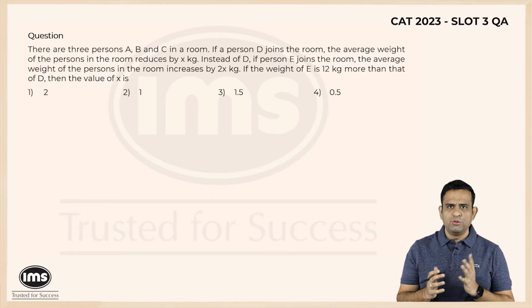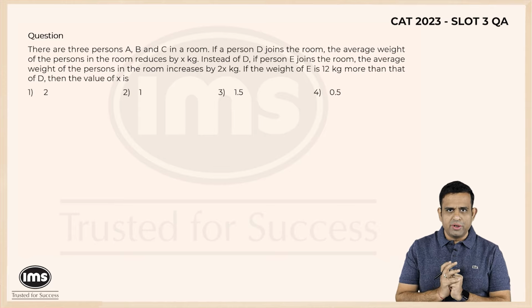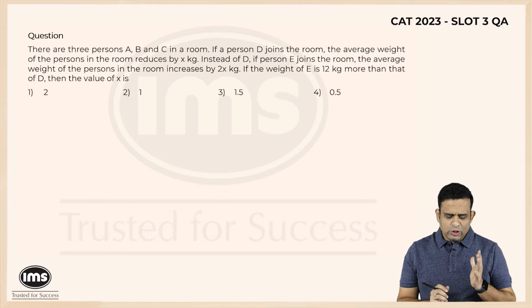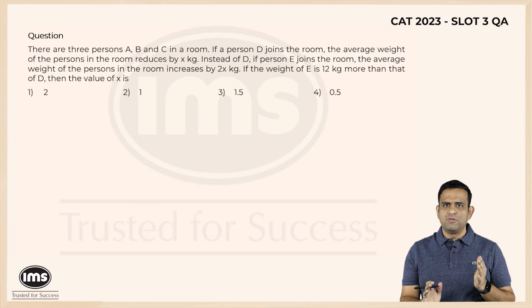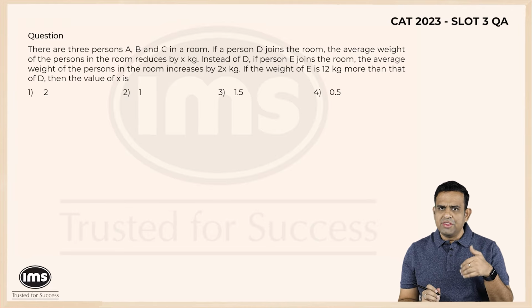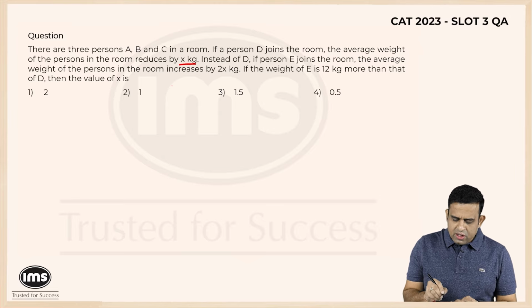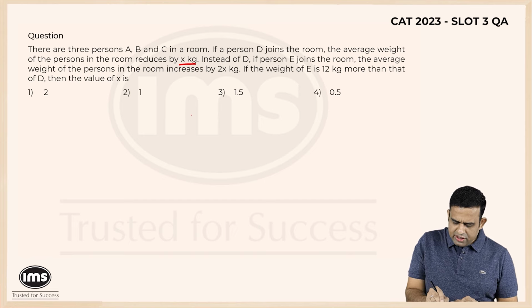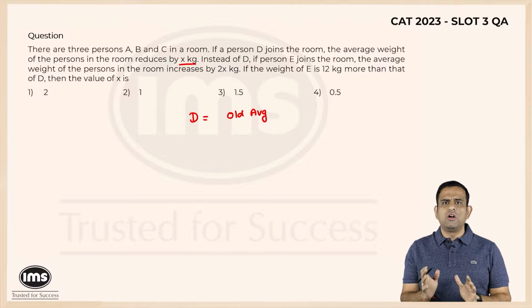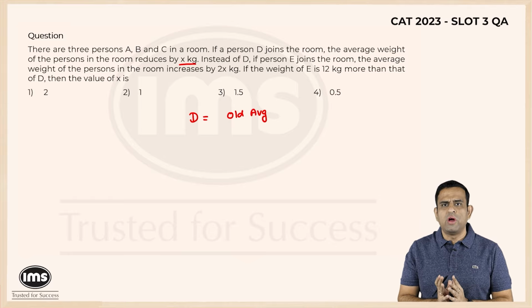In the next sum, suppose I look at one more method to solve this particular question in a slightly better way. What we already know is that the room comprises 3 persons A, B and C. When the person D joins the group, the average weight of the room reduces by x kg. Now please note, if the weight of the person D was equal to the old average, it should not have impacted the new average.